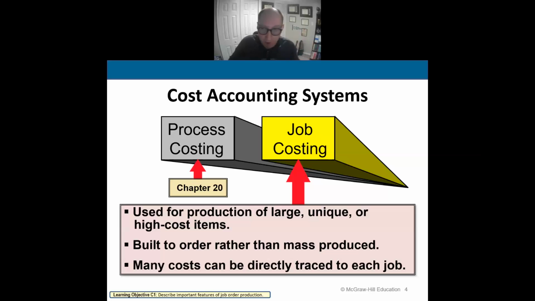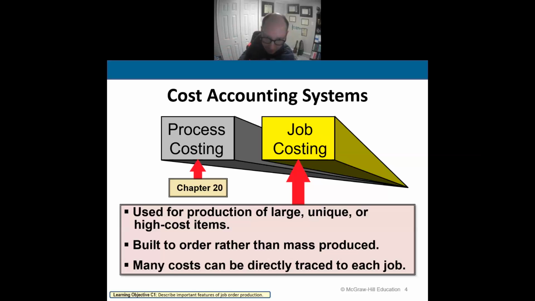In process costing, we focus on continuous processing. For example, Ben & Jerry's, the ice cream manufacturer, right? Everyone knows Ben & Jerry's, or Dreyer's ice cream. There's a couple of other big names out there. When you go to the grocery store, you're walking down the dairy aisle, the frozen aisle, the ice cream aisle, and you see a ton of ice cream.